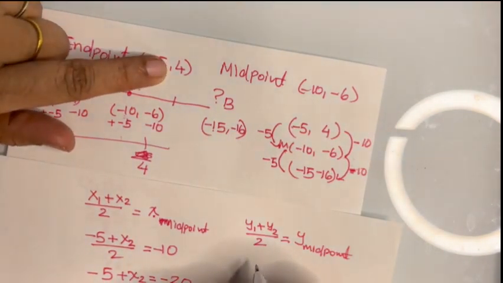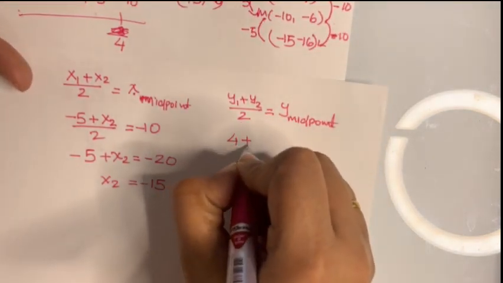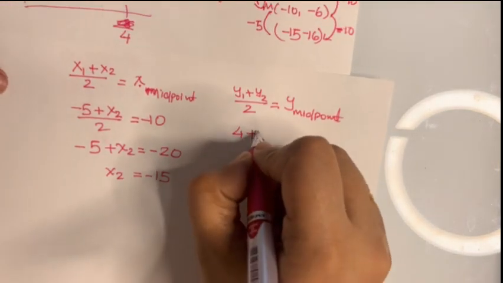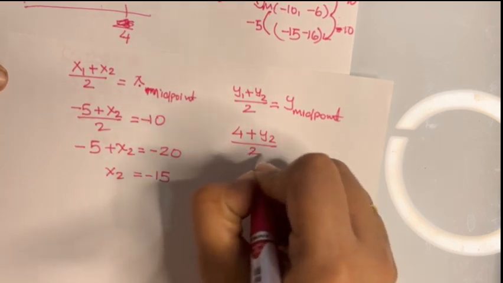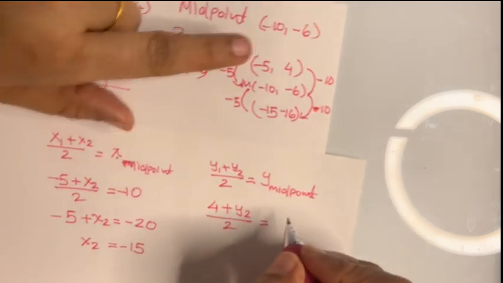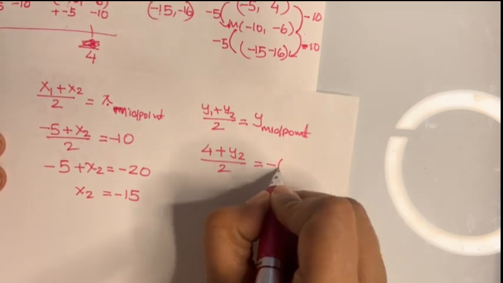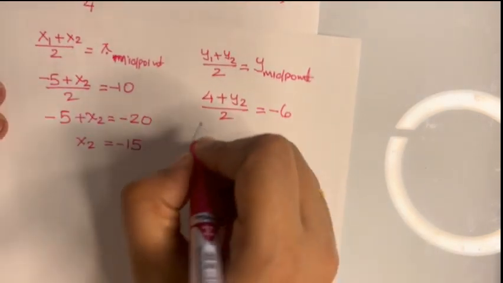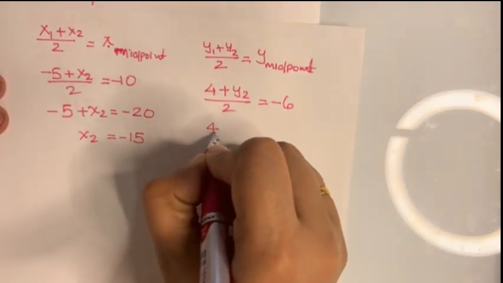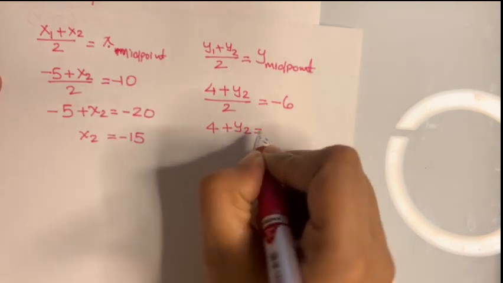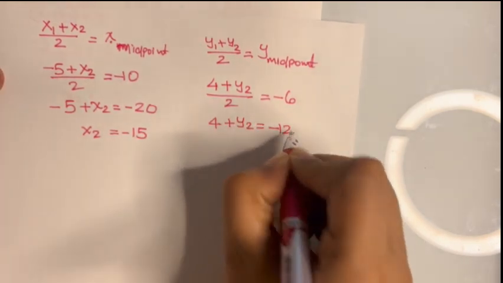We know y sub 1 is 4, plus the second y value, which we don't know yet, and the y value of the midpoint is negative 6. Multiply both sides by 2, and we get 4 plus y sub 2 equals negative 12.